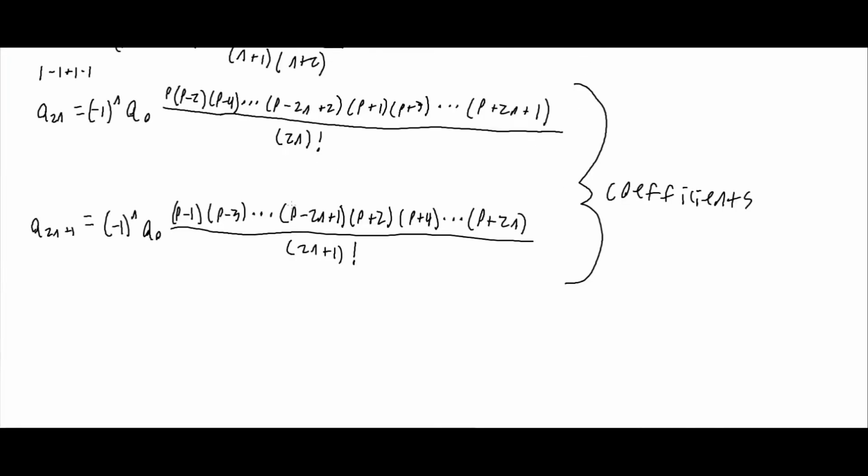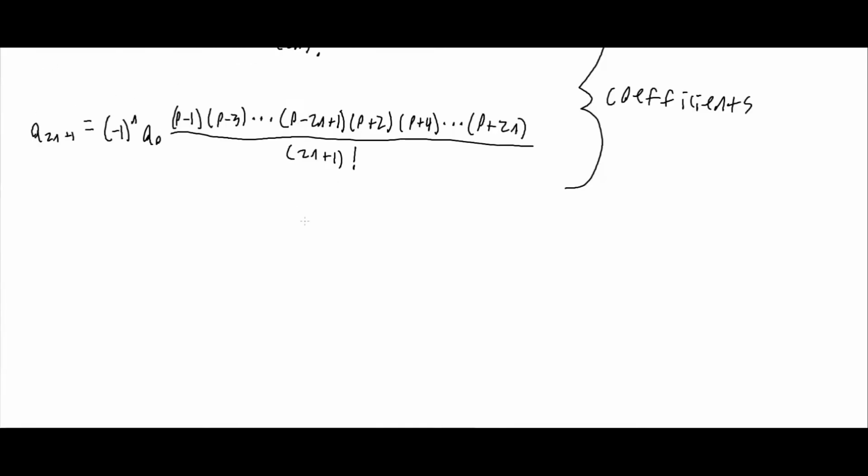And if these p's are integers, then we will end up getting a polynomial. So once again, the difference between a polynomial and a power series.